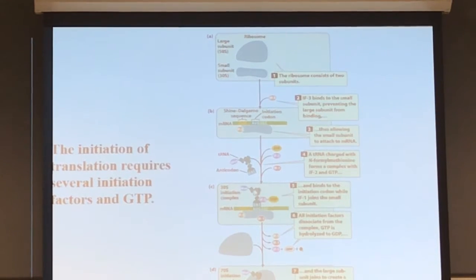The whole thing here, the transfer RNA, messenger RNA, small ribosomal subunit, and some initiation factors together, along with GTP, which is required for supplying energy.